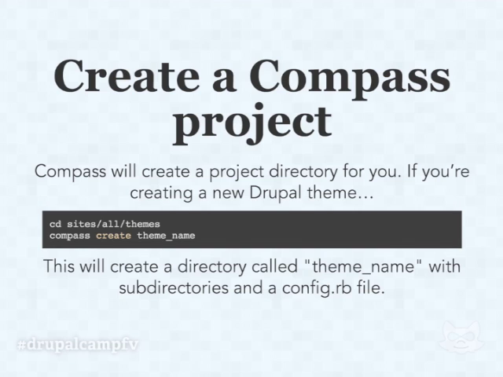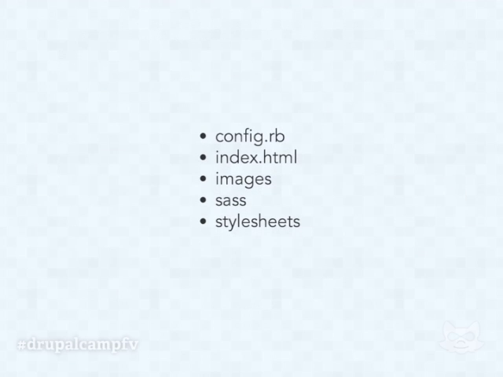And it's going to create a project directory for you that looks like this. It will be a folder called Your Theme. It will have a config.rb file that you'll wonder what is that. It would have a little index file, an images directory, a Sass directory, and a style sheets directory.